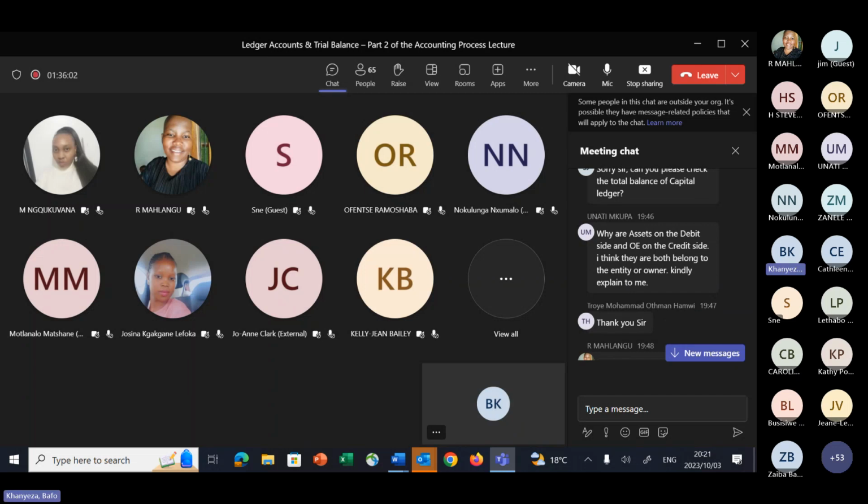Why are assets on the debit side and owner's equity on the credit side? I think they both belong to the owner. Kindly explain to me. Now you have to separate the owner and the business.